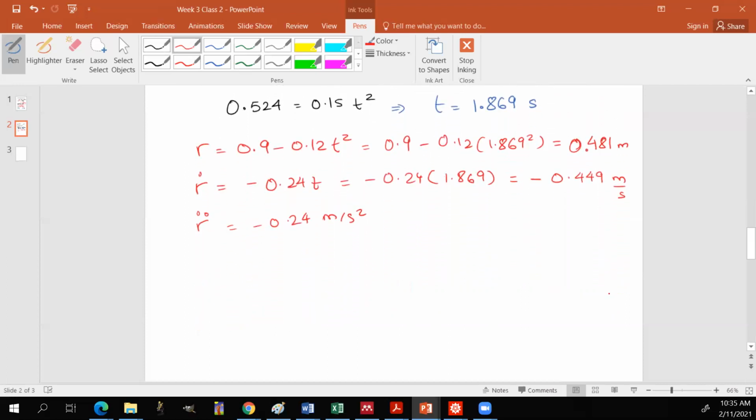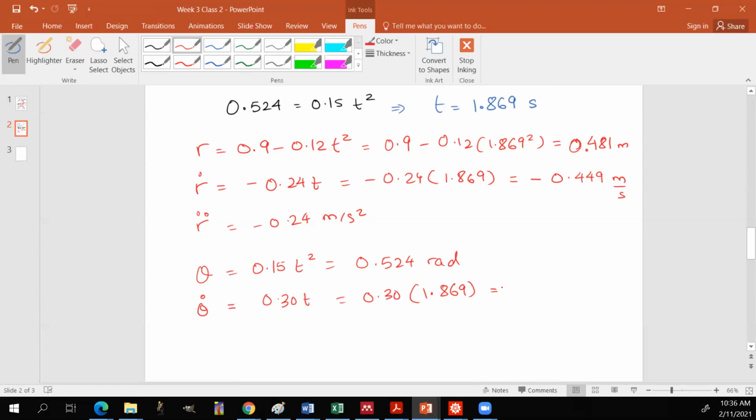All right. And then you have theta, which is 0.15 times t squared, right? So at time 1.869 seconds, we already know that it's 0.524 radians. Theta dot is going to equal, the 2 comes down, so it just becomes 0.30 t, like that. So 0.30 times 1.869.